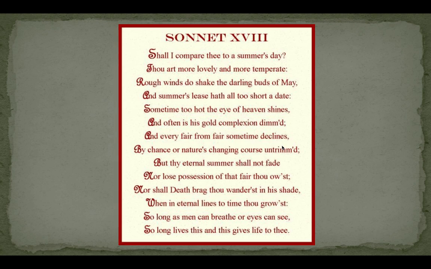We've got more images as we go on, more references to summer, "thy eternal summer." We've got "wandering in shade," another reference to sun and the lack thereof. We've got this reference to growing, which is also something that happens in spring and summer. So you're going to see these types of images continued.